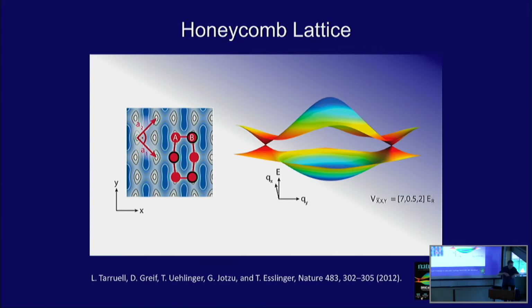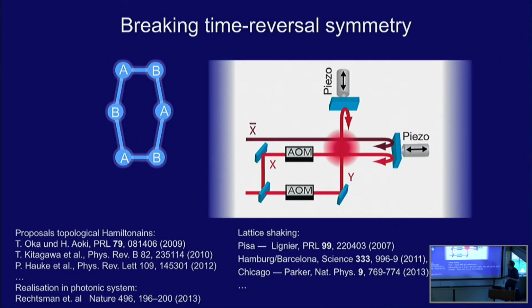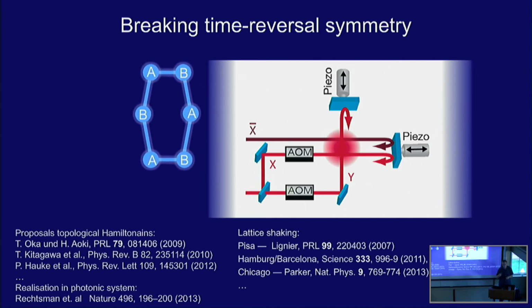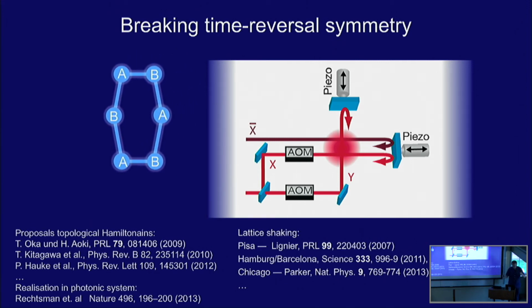You can suppress it, and you have an array of double wells, or you can couple them, and then you have a Hubbard system. And then this lattice can also be shaken, in two dimensions most of the time. We will, however, in this talk only shake along one direction.